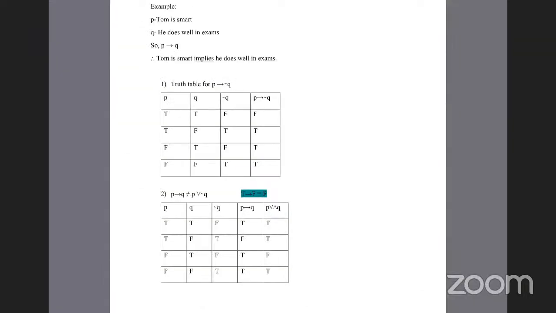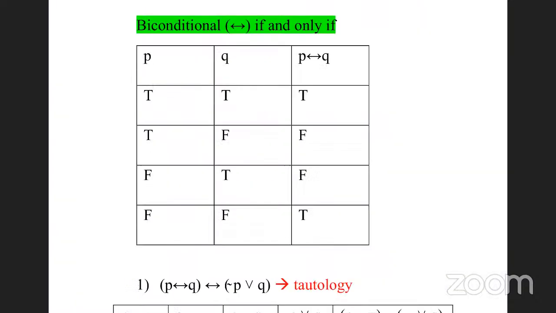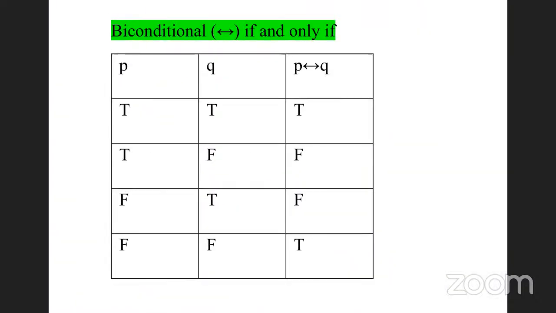Right, we'll do a biconditional. All right, let's take a look at biconditional. Biconditional means that when the truth values are the same, the statement is true. Anybody remember what gate this is? XNOR.